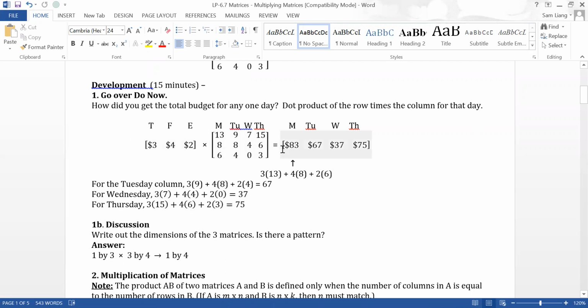This is the final answer right here that I'm highlighting: 83, 67, 37, and 75. And again, the way we get that is 3 times 13. So that's the travel cost for Monday.